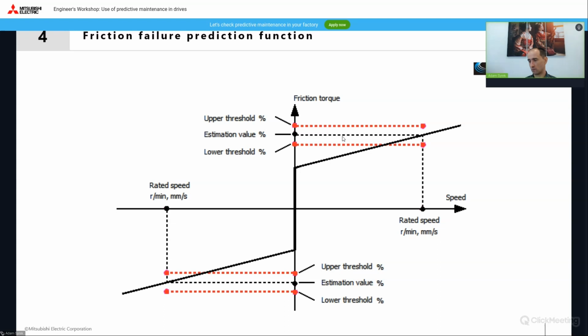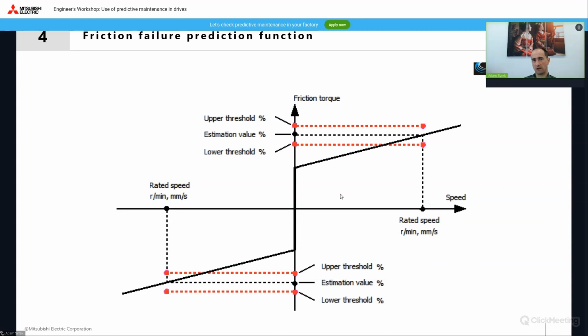And so, these levels for the friction, but also for the vibration, we can set by ourselves, or we can let the amplifier estimate them. And here, in case of the friction failure prediction function, we base mostly on the dynamic friction. It's the value that is taken into consideration, and it is useful mostly for ball screws and for linear guides.